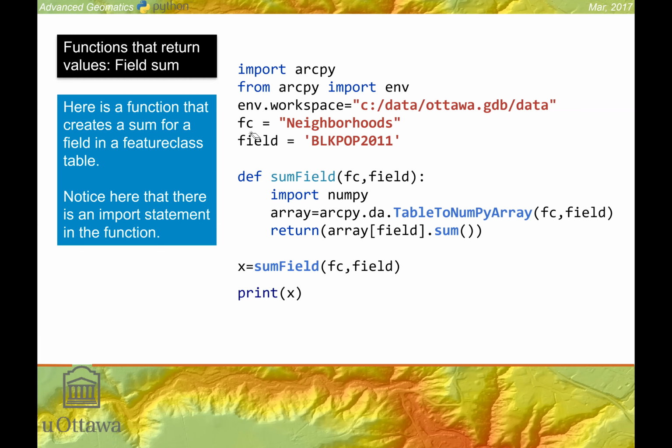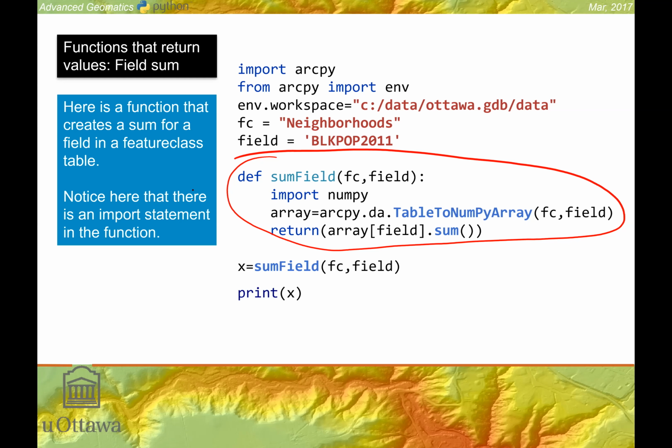So in this case, this function, which is right there, is the actual function itself. The rest of it is just stuff that would be in a regular script. The function is called SumField, takes in a feature class and then a field name. Inside of here, it imports NumPy locally, just in the function.